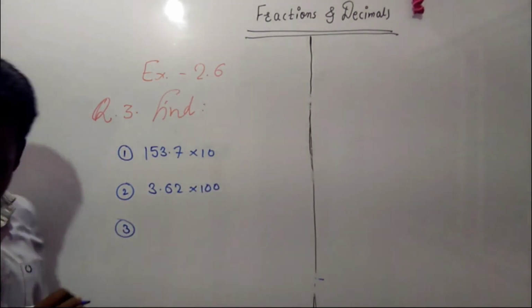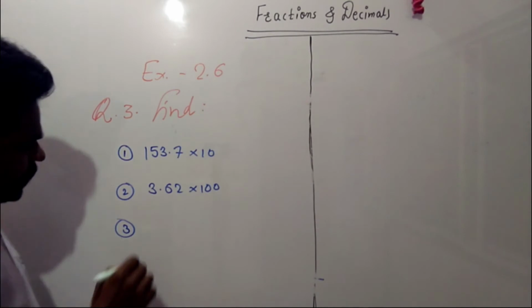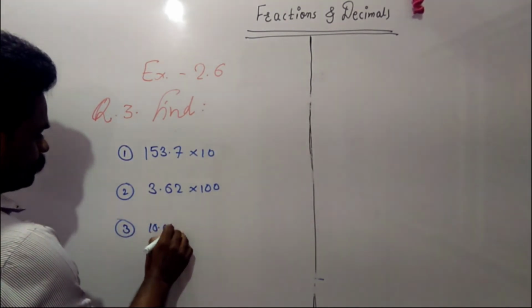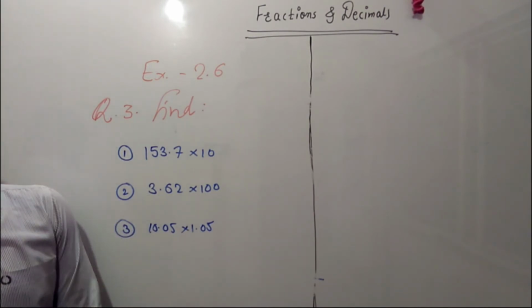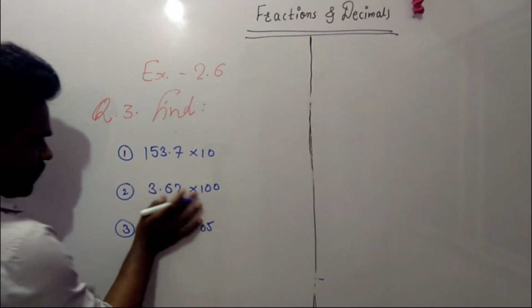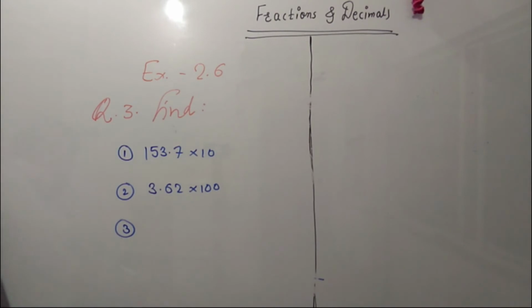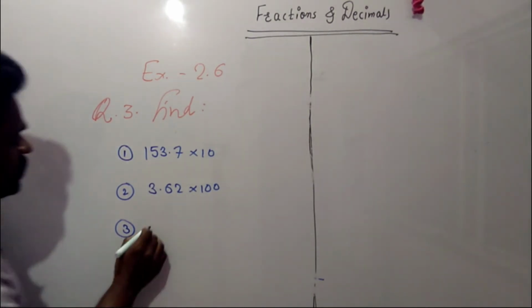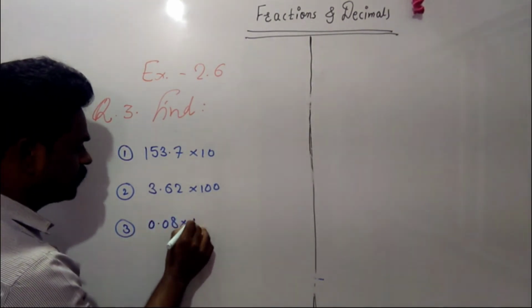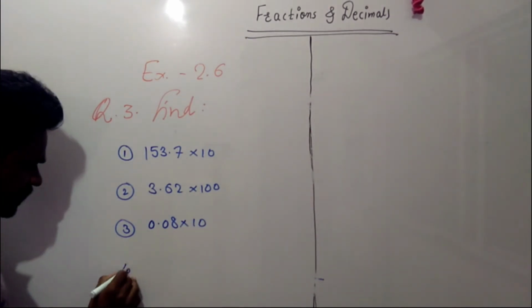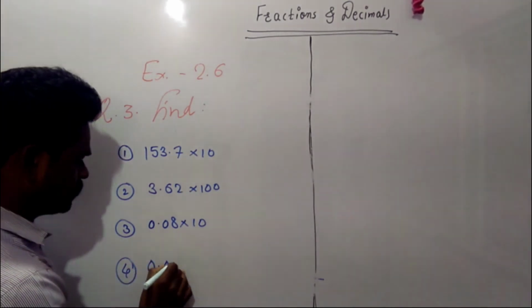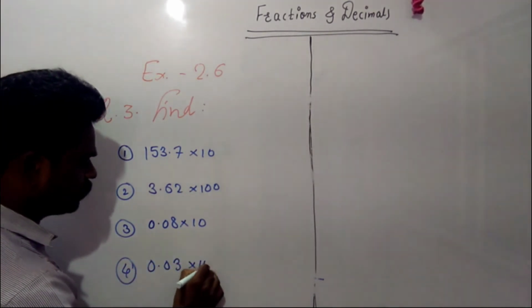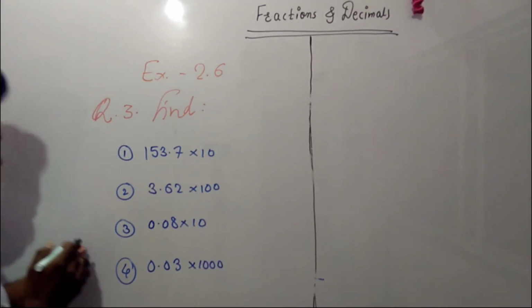Third example, 0.08 into 10, and the fourth one is 0.03 into 1000. Okay, no problem.